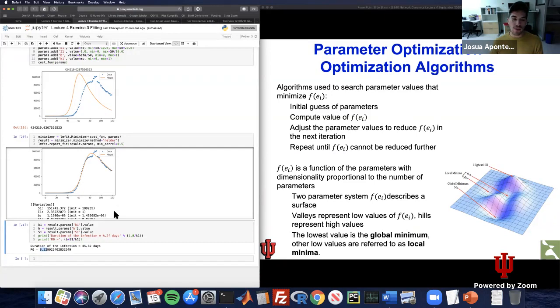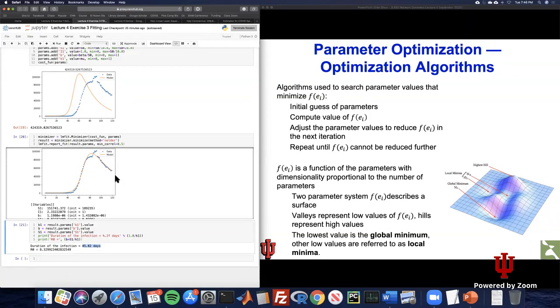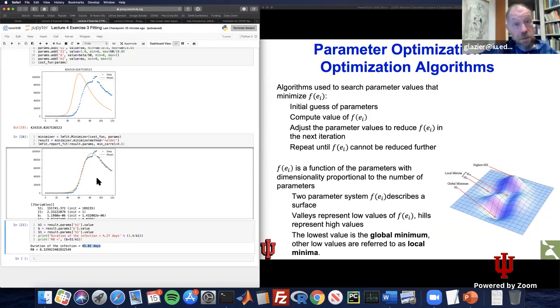So you want to ask yourself why this number doesn't match our intuitions of how the infection progresses. Then you can ask certain questions about the data itself, not necessarily the model. Do these values that don't match our expectations indicate that we're using the wrong type of model? That's certainly one possibility.